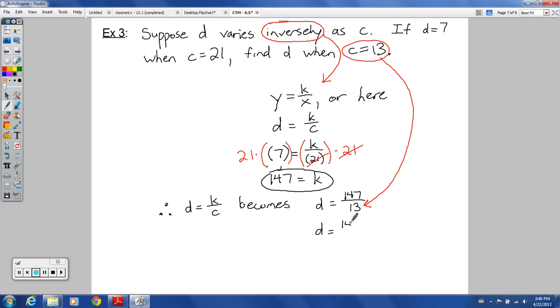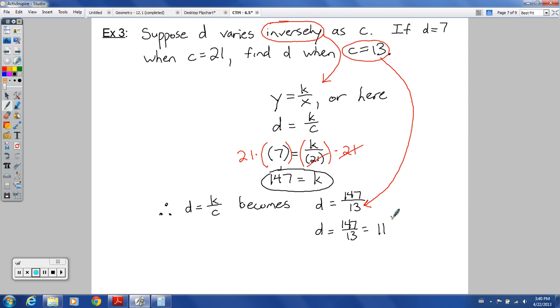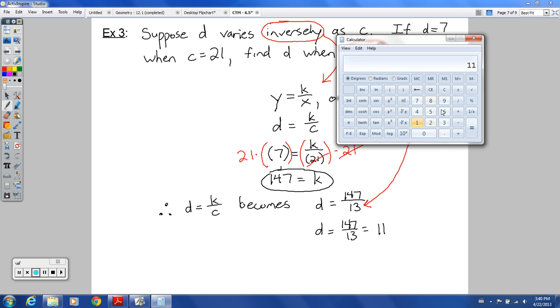It's 147 over 13. If you put that as a mixed number, let's see what that would give us. How many whole times does 13 go into 147? We'd have 11 whole times, and then we would have to do 11 times 13. That would give me what's left over, the remainder. So 11 times 13 is 143. That's 4 less than 147.